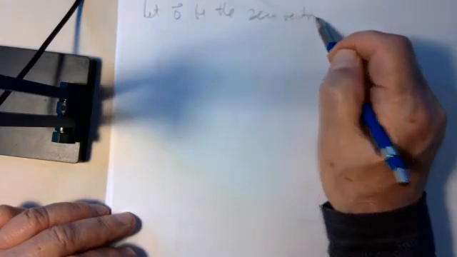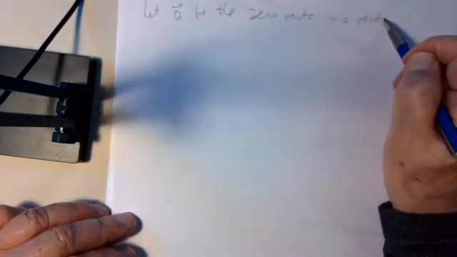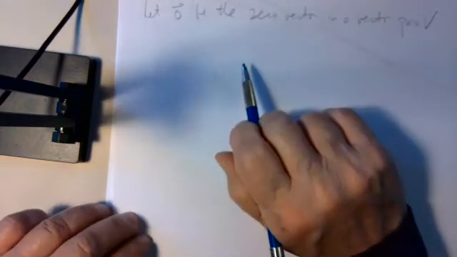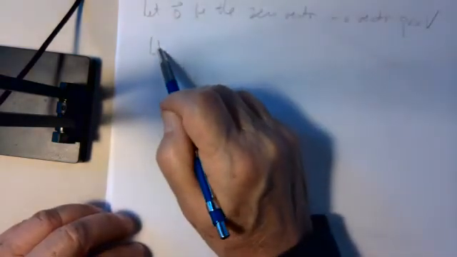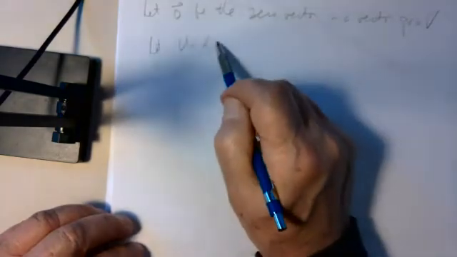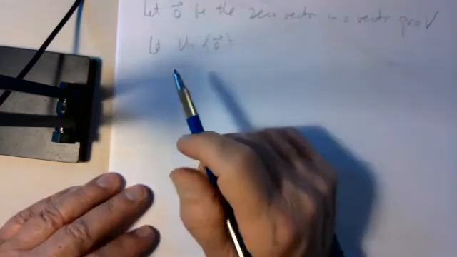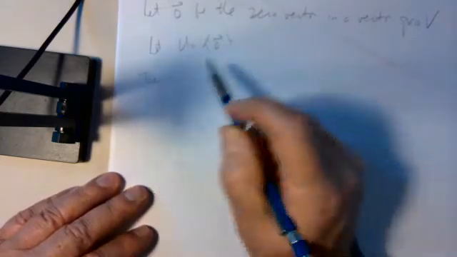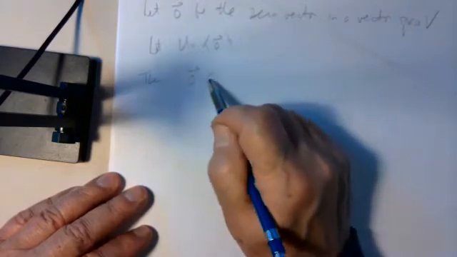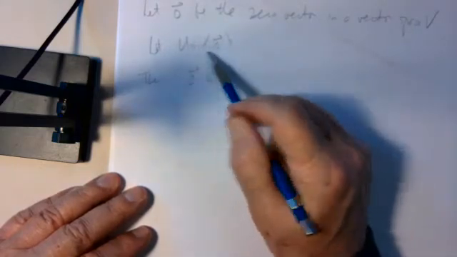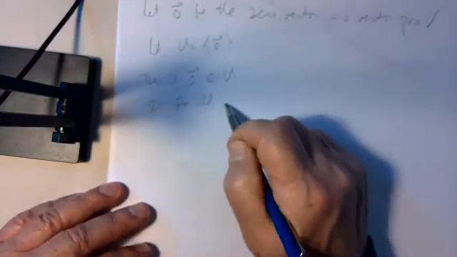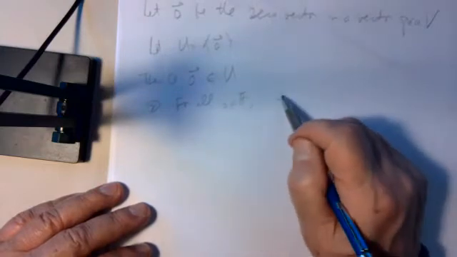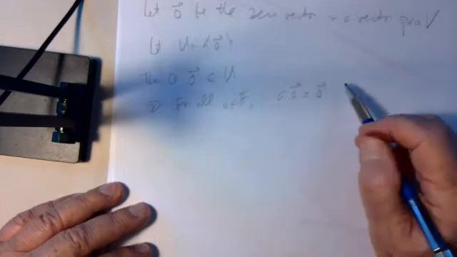Suppose we let 0 be the 0 vector in a vector space V, and let U be the set that consists of just that one vector 0. So first of all, the 0 vector is an element of U, because U is just the 0 vector. Second, for all scalars a, a times the 0 vector is the 0 vector.